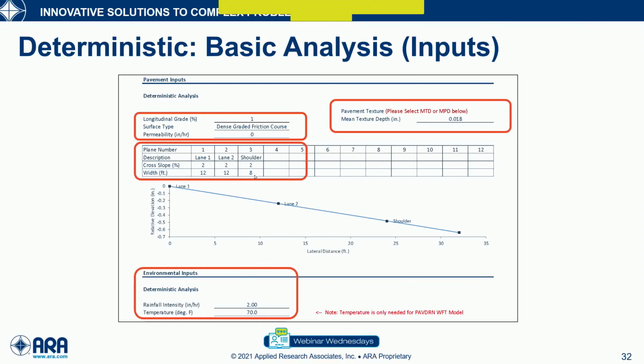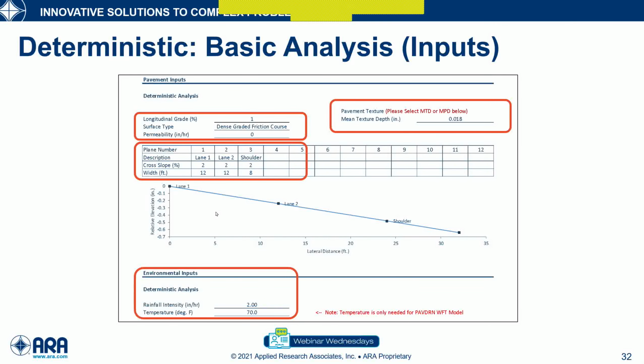And one thing important to highlight here is that you need to input all the lanes, including shoulders, gores, ramps, and any other part of the pavement, because remember that the drainage path and the water film thickness are going to be accumulated from one lane to the other.